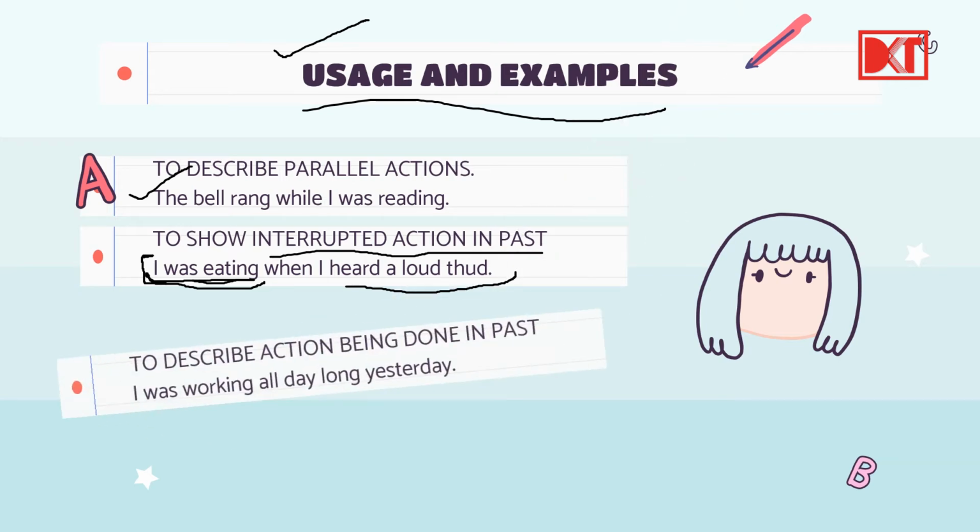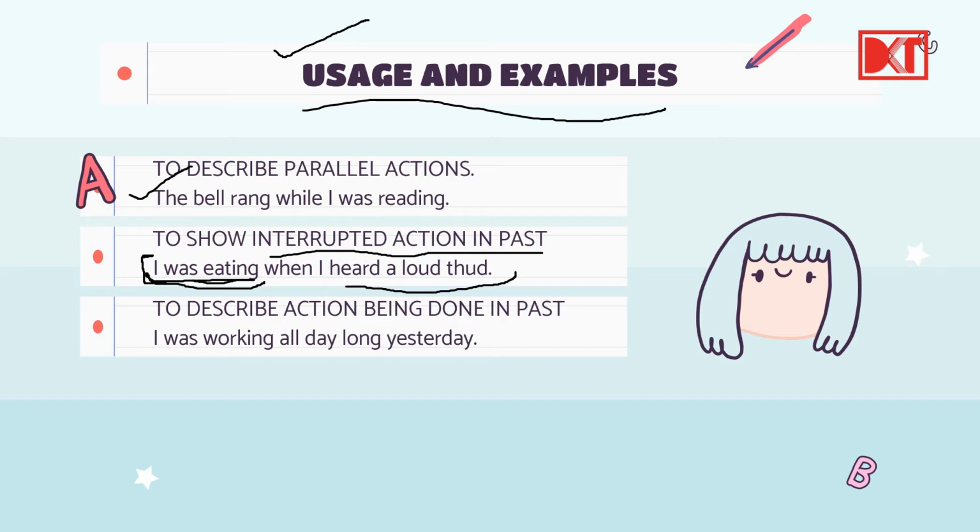Alright, then next, to describe action being done in past. जो action past में हो रहा था. Alright, for example, I was working all day long. मतलब पूरे दिन continuously I was working. So the action was being done.